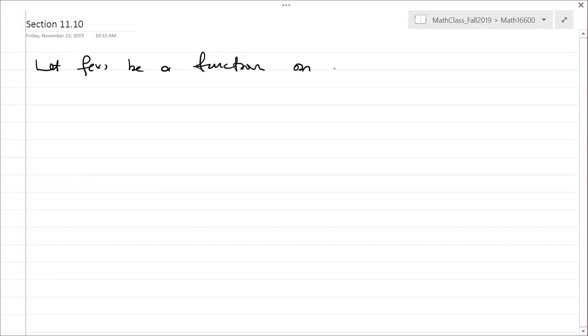And on the other hand, there are many functions that can be defined by a power series but cannot be expressed as an elementary function. So think about this. Usually, let f of x be a function on the interval I. It could be an open interval, could be a closed interval.